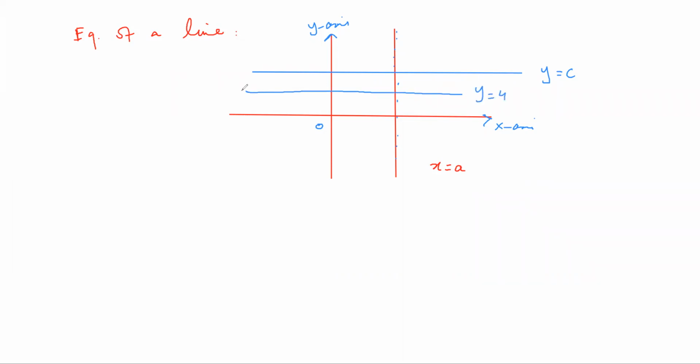If you take any point on this line, the Y coordinate will be 4. The X coordinate will keep on increasing if you move to this side, and keep on decreasing if you move to the left hand side, okay?